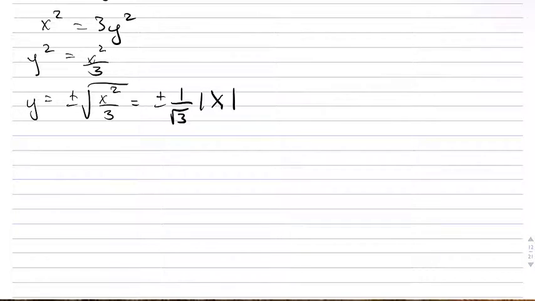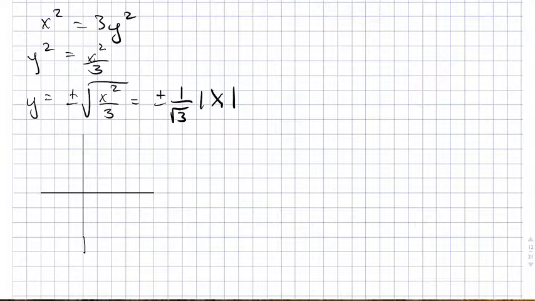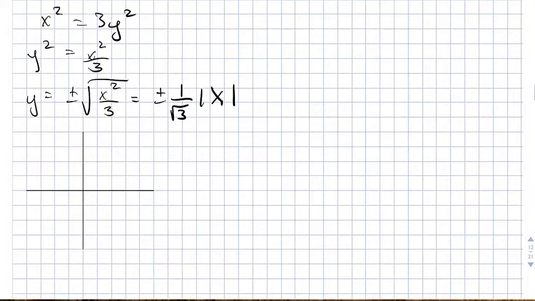Let me do my graph paper. It's usually better when I do that. So just a quick sketch, nothing drawn to scale. For this first one, we'll get something like this, like that, and like that.